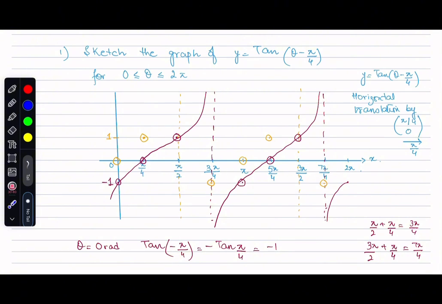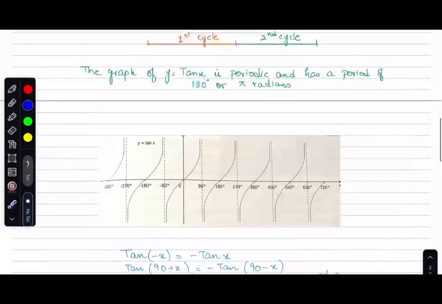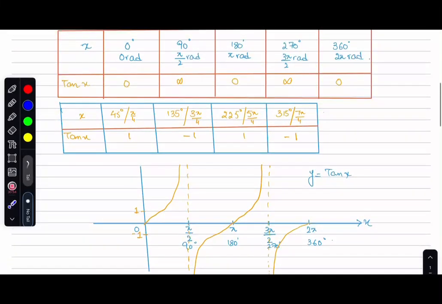For tangent we know that pi by 4, 3 pi by 4, 5 pi by 4 and 7 pi by 4 have their own importance, as discussed earlier, when we said that 45 degrees, 135, 225, 315 give us significant values, which are 1, negative 1, 1 and negative 1. So I have located all the angle values with respect to 1, negative 1, 1 and negative 1 also.